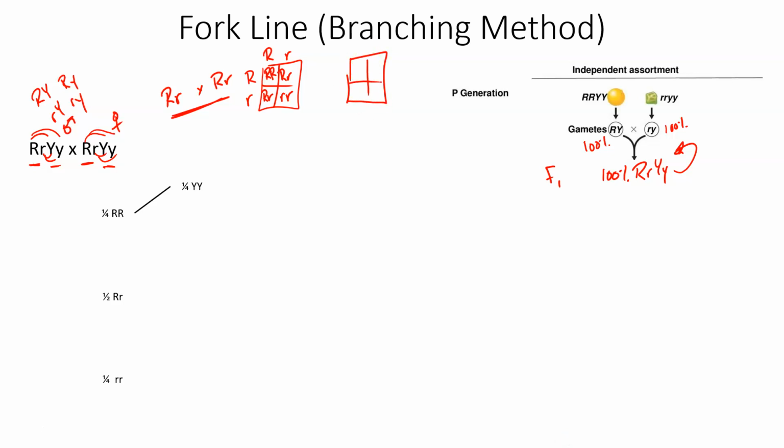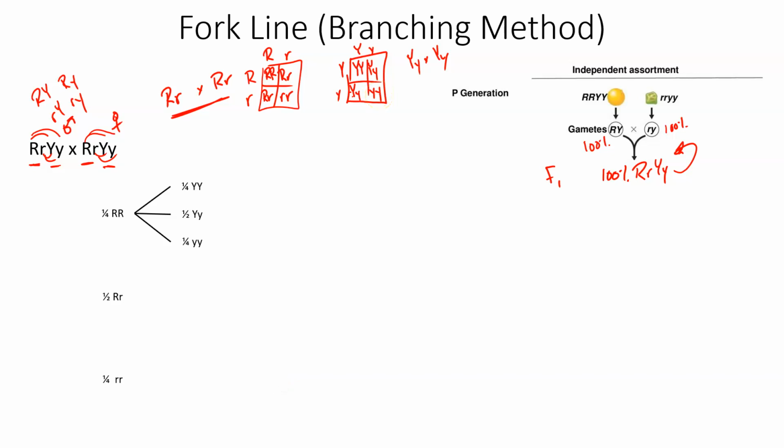So we know that our Y cross is that. If we throw that into this Punnett square, big Y big Y, big Y little y, little y little y, we get the exact same outcome. So 1/4 should be big Y big Y, 1/2 should be big Y little y, and 1/4 should be little y little y.